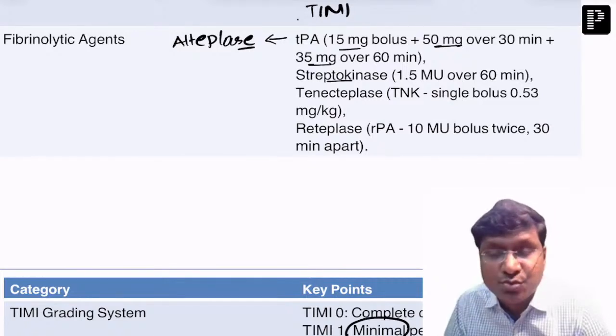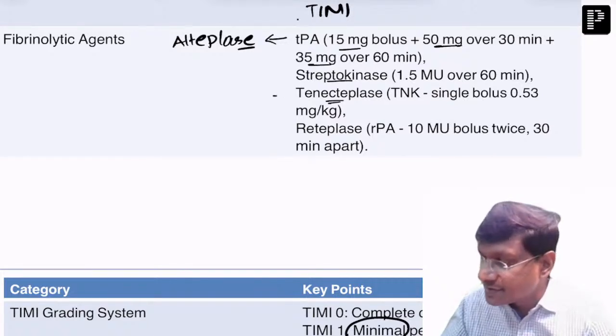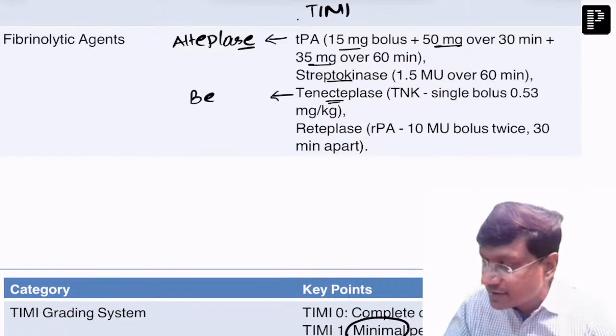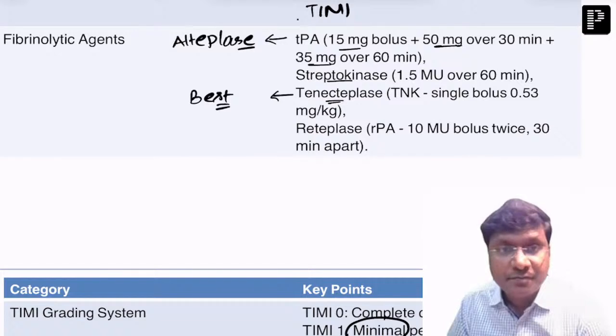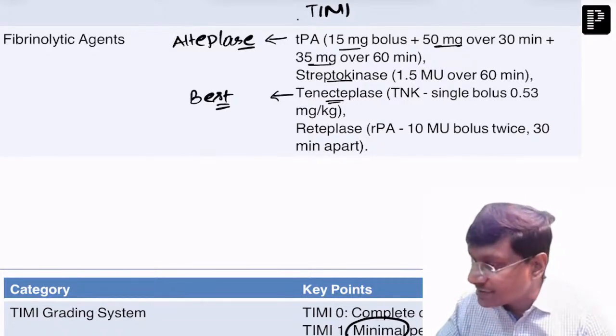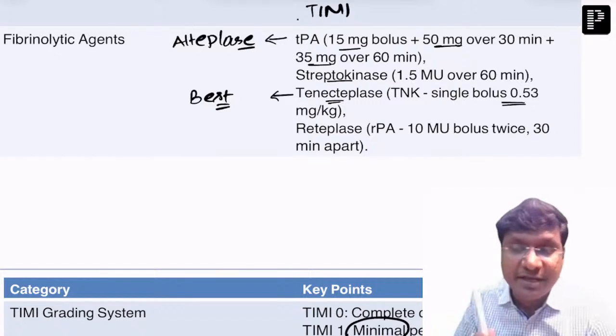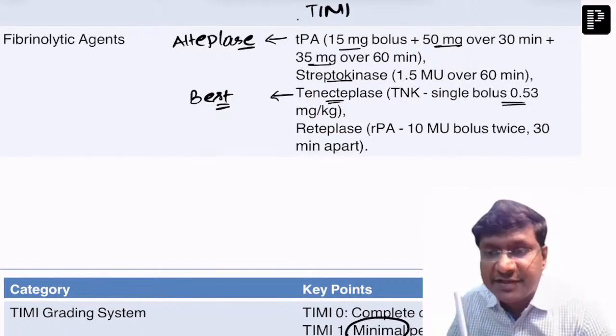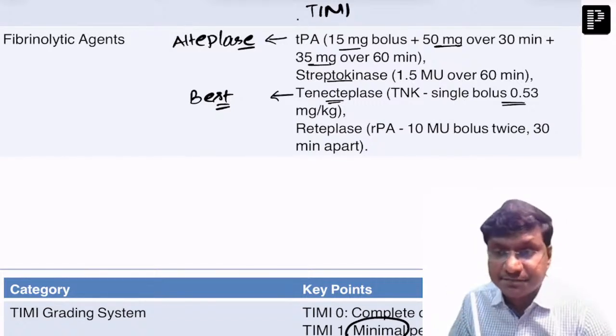Next is streptokinase. 1.5 million units is what you need to give over 60 minutes. Next is tenecteplase. Tenecteplase is considered the best thrombolytic agent, right? The dosage of tenecteplase is a single bolus, given at 0.53 milligram per kg.